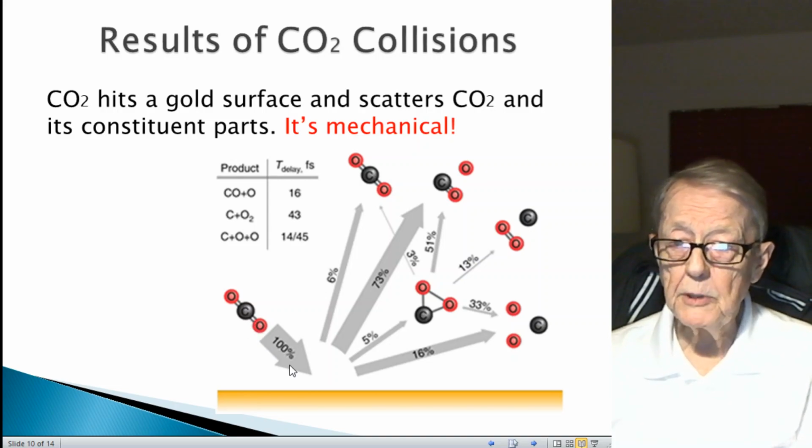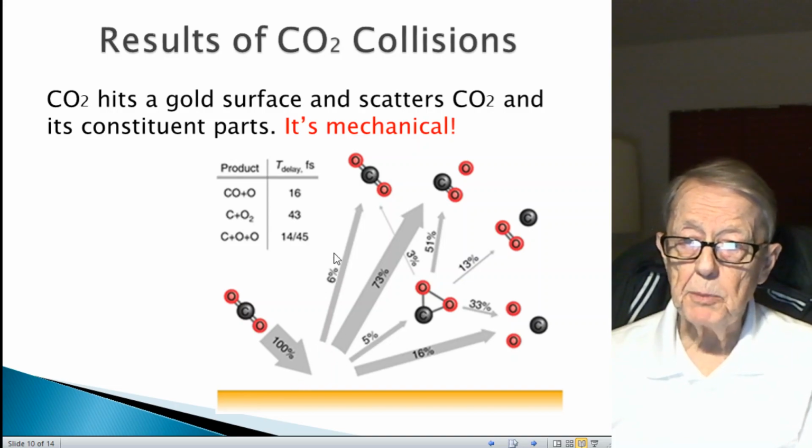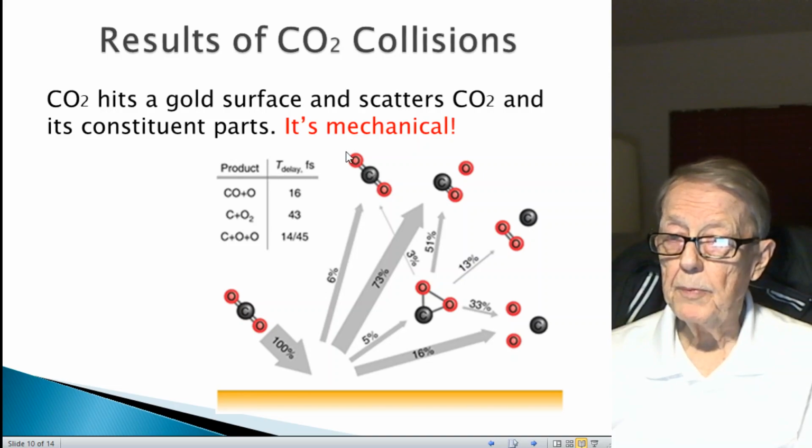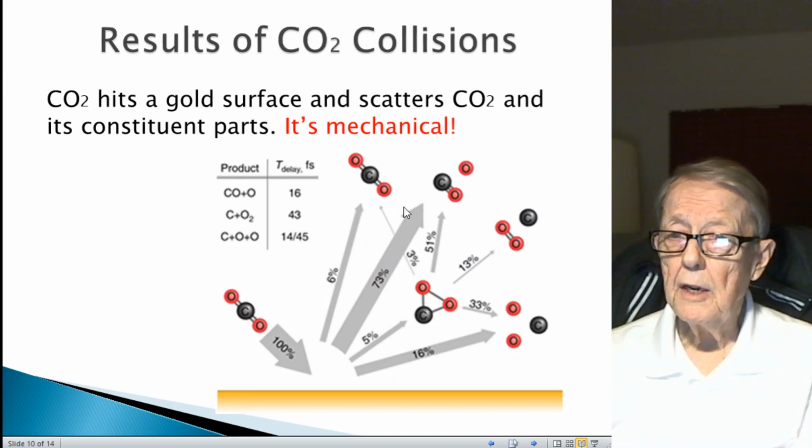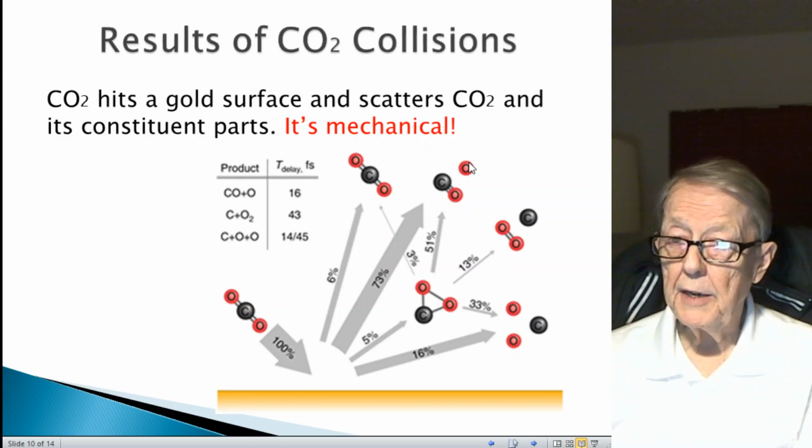So 100% hit the gold surface, and they split into 4 different parts. 6% just bounce, the CO2 just bounces off, unchanged. 73% physically change to carbon monoxide and an oxygen atom.